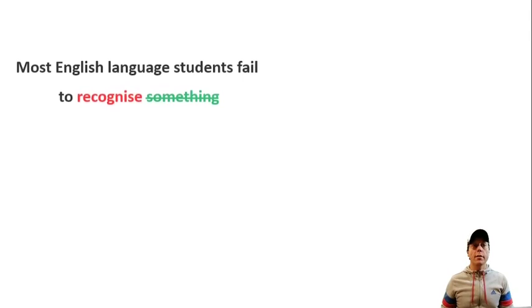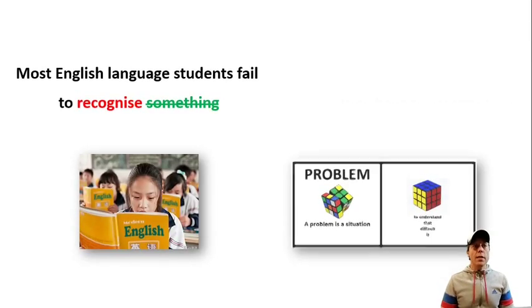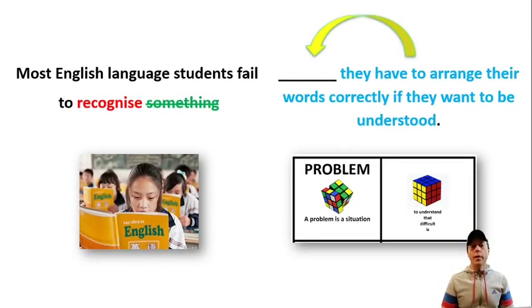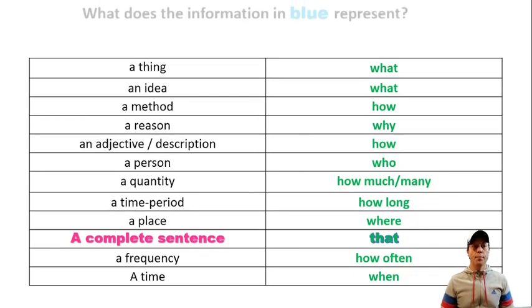Another example. Okay, most English language students fail to recognize. So the word here is recognize, mental verb. They have to arrange their words correctly if they want to be understood. This is a complete sentence and nothing has been deleted. We don't need to substitute a subject or an object. We can just use the complete sentence and connect a complete sentence to the mental verb recognize. Therefore, what does the blue represent this time?